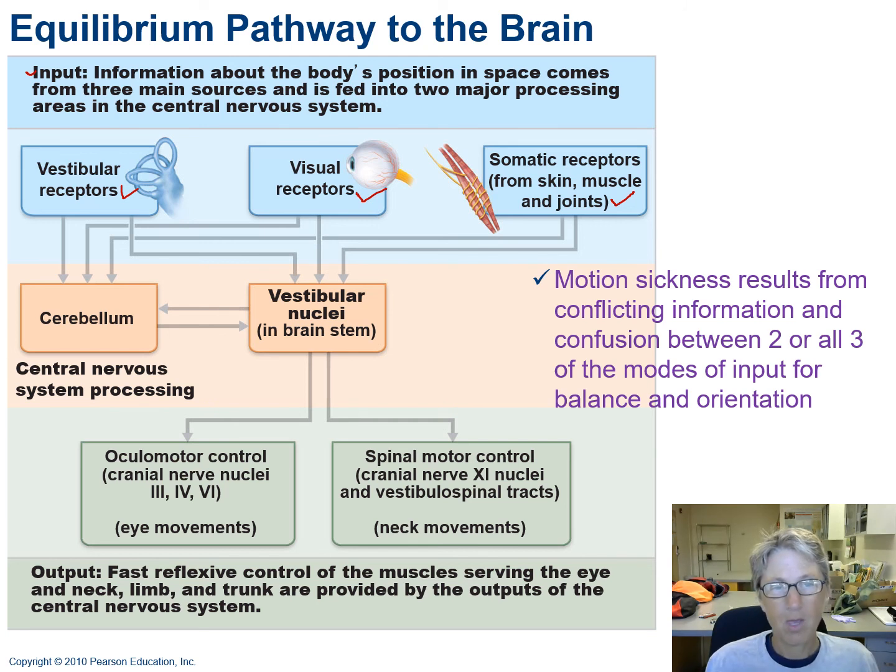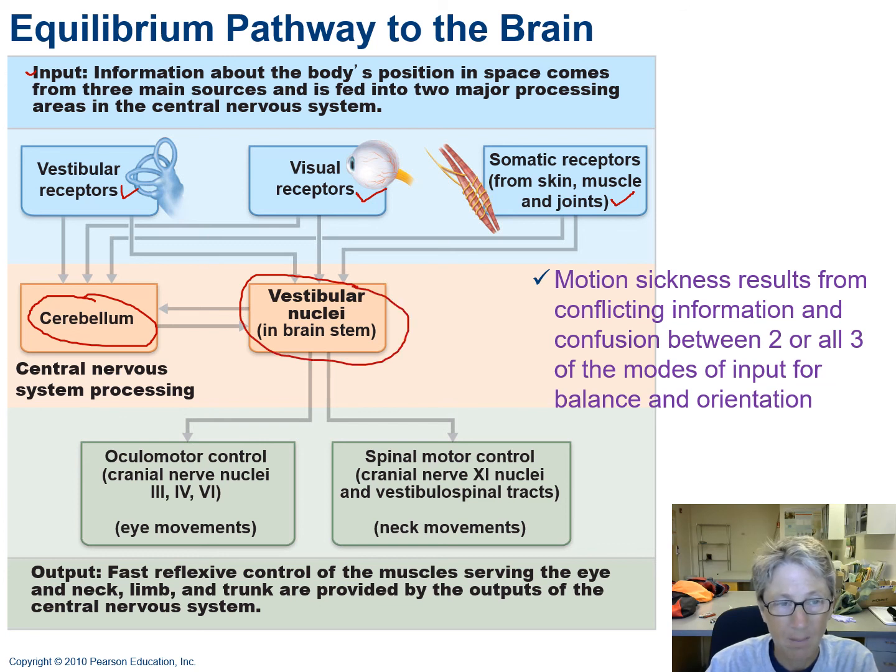All those 3 entities give your brain information about where your body is in space. And then all that information is fed into 2 major processing areas in the central nervous system. The first is the cerebellum, and then the vestibular nuclei in the brain stem.